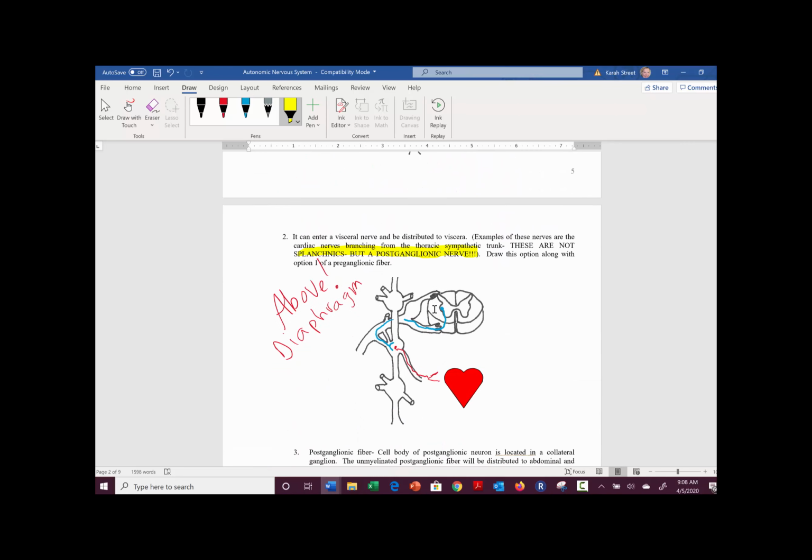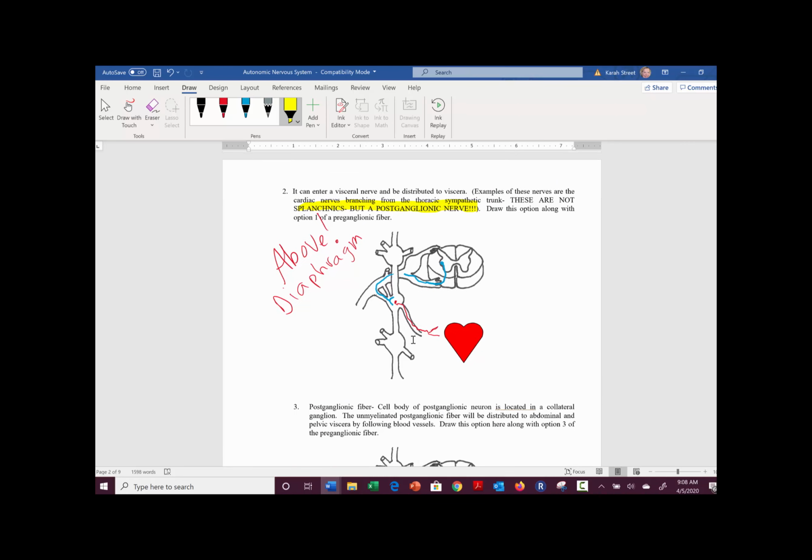For the sake of just having a well-drawn picture, notice I have this backdoor option, but it's not going to a collateral, and this is above the diaphragm, so this is not a splanchnic nerve. This is a postganglionic sympathetic fiber that is just breaking out of the sympathetic trunk in a passageway that is not called a gray ramus. So these are basically called cardiac nerves.